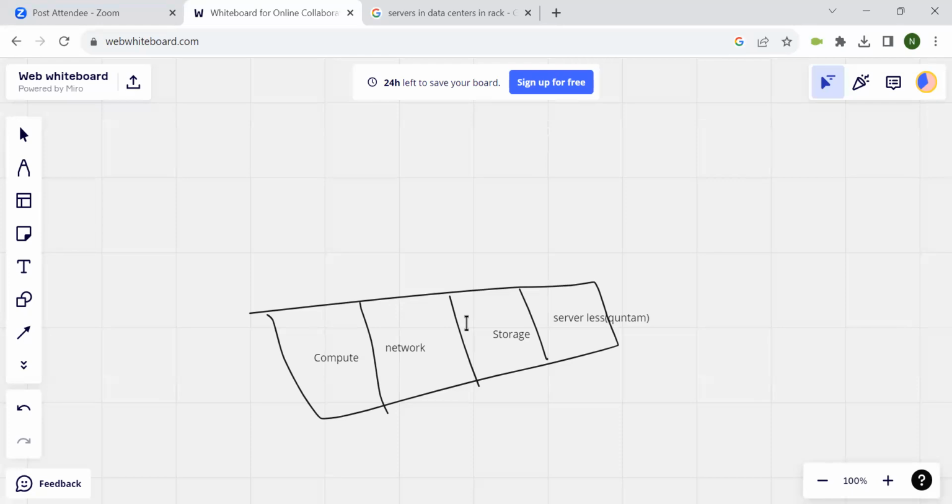On premises means, for example, you have an idea to publish an e-commerce site. For that you need a separate IT team, a development team and an operations team.